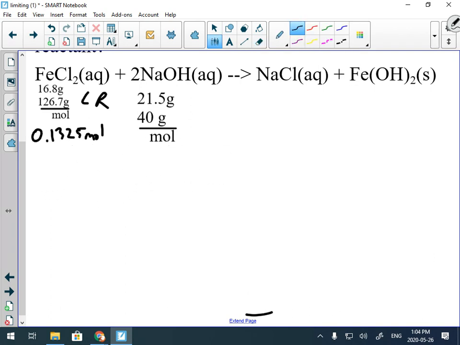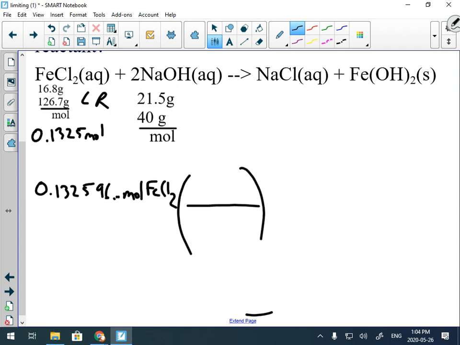Okay, so now I'm going to take this. I'm going to go 0.1325 and use the whole number on my calculator, mole iron chloride. And I'm going to times it by the mole ratio. So there is 1 mole of iron chloride for every 2 moles of sodium hydroxide, right?